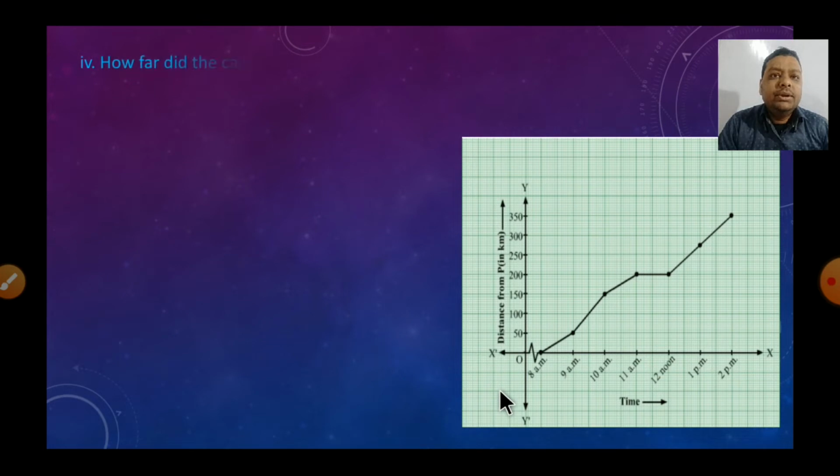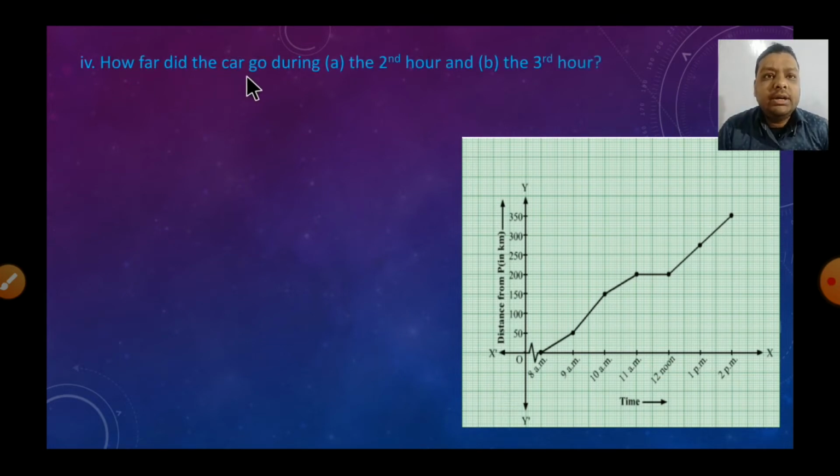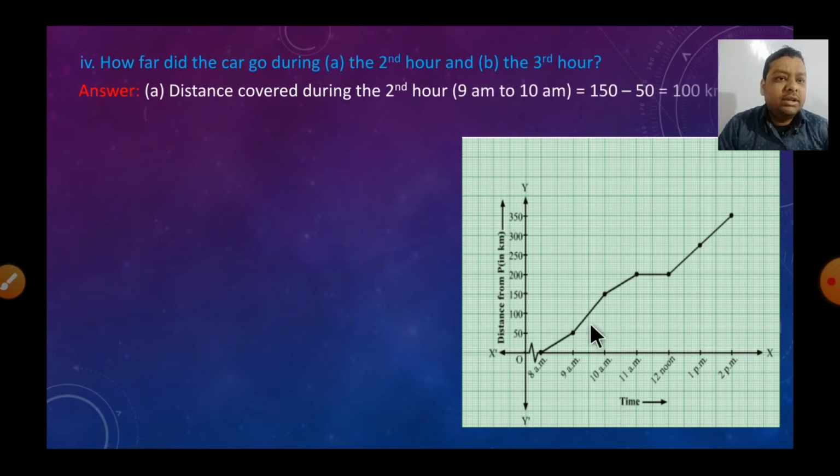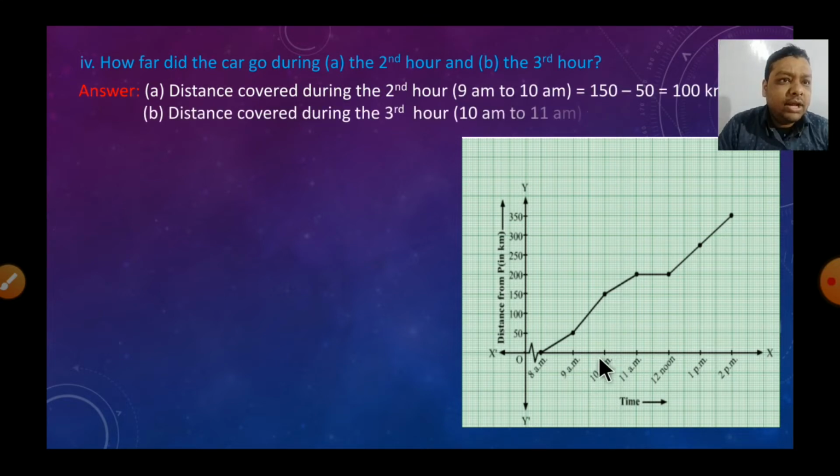Now the question is how far did the car go during the second hour and the third hour. The second hour means 9 to 10 a.m. The total distance there is 150 kilometers, but at 9 a.m. it was 50, so we subtract: 150 minus 50 is 100 kilometers. Same for the third hour, 10 to 11.